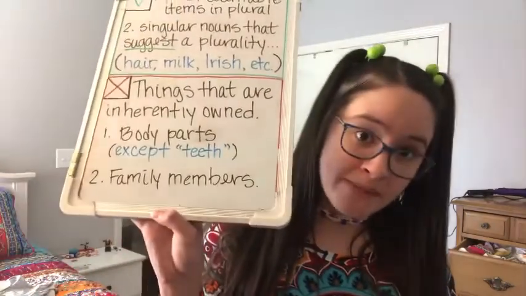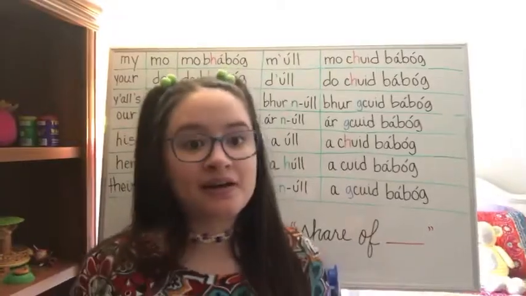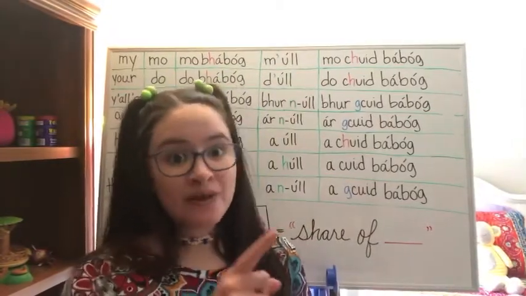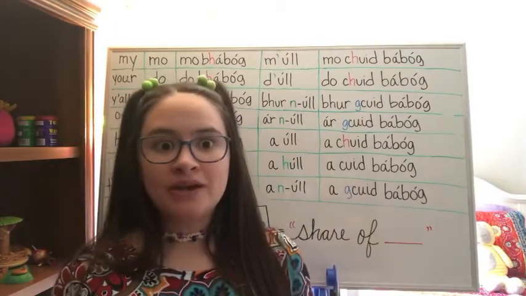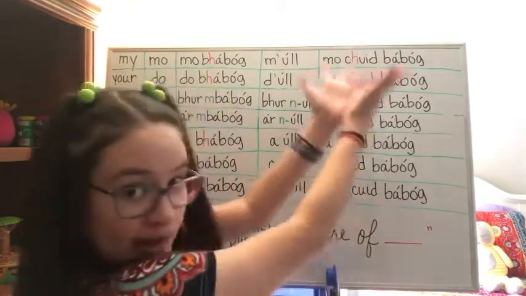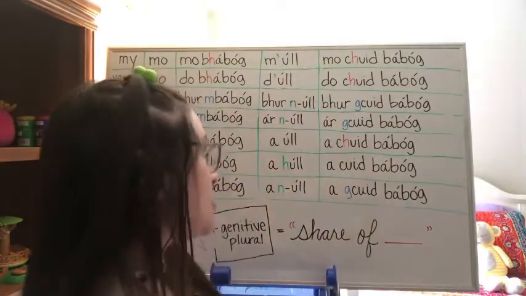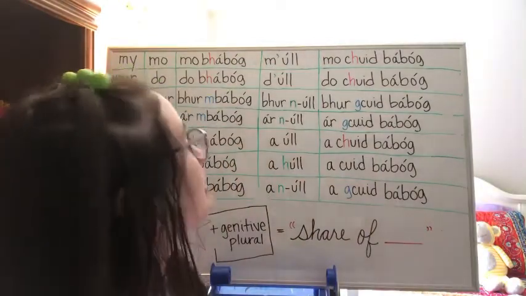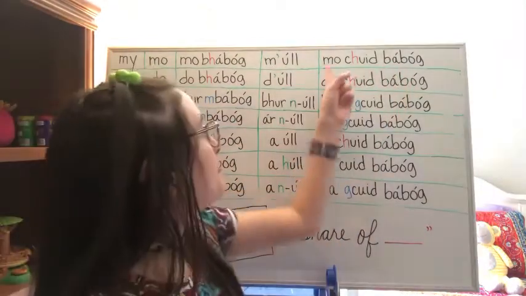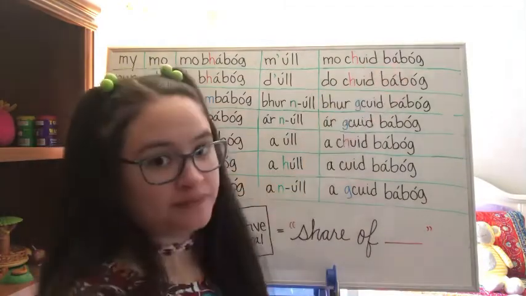Another case when you would not want to use cuid is for family members. So those are some basic rules about when to and when not to use cuid. Alright, now that we know about that, we can get more into actually how to do this. So, my dolls. Mo chuid bábóg.